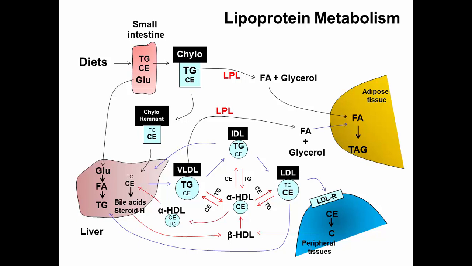It takes lipids, particularly cholesterol esters, from the peripheral tissue and goes back to the liver, and delivers all the cholesterol esters from the peripheral tissue to the liver for disposal. So this is all the things happening during the fed condition, and the four different types of lipoprotein are all involved in cholesterol and triglyceride metabolism, right?